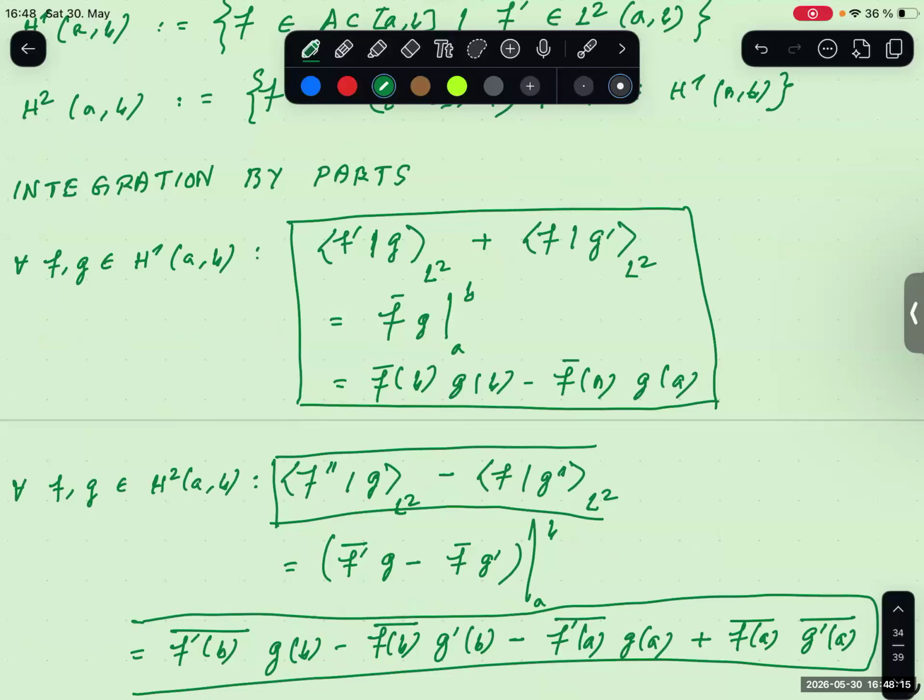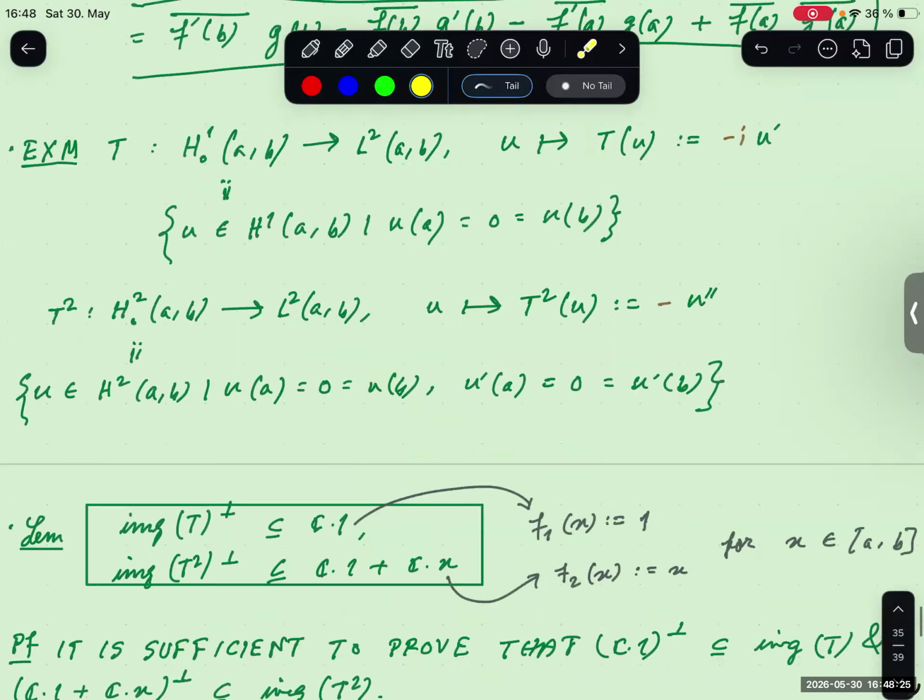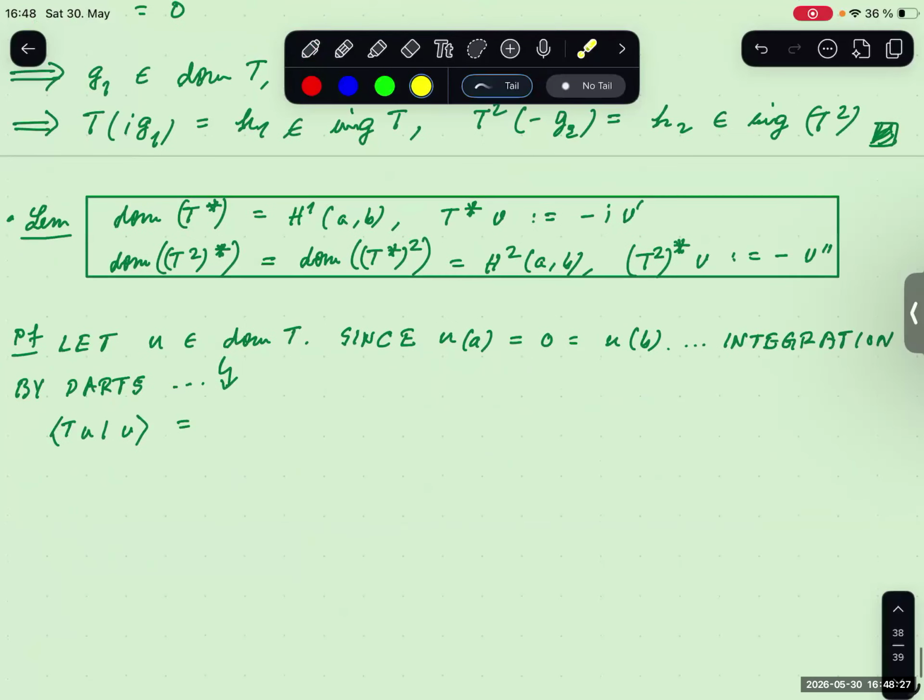We see that due to the boundary condition, this part vanishes, so this equals that. That's what I'm going to write: minus i, derivative of u v.